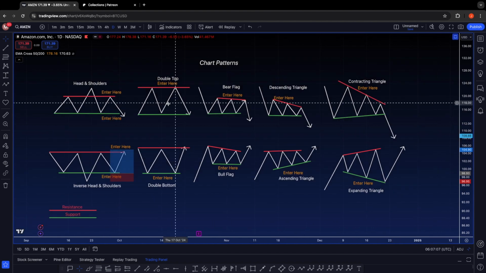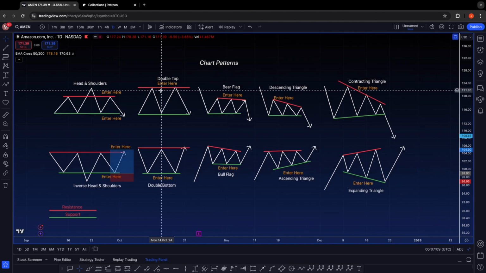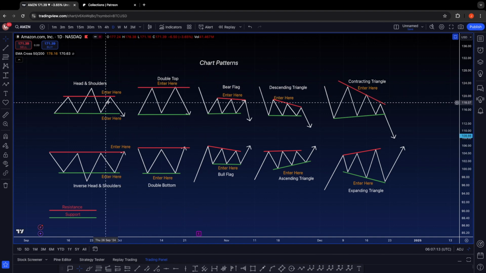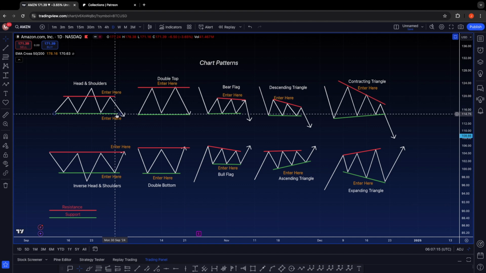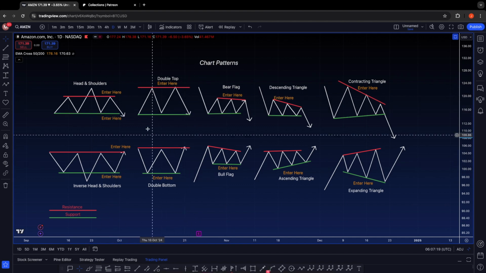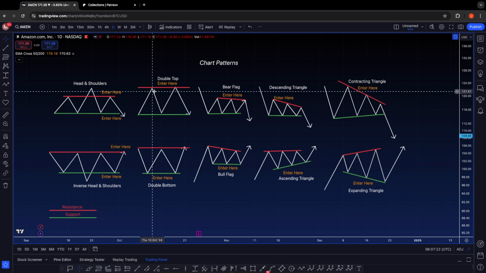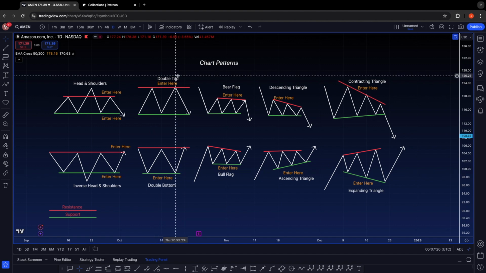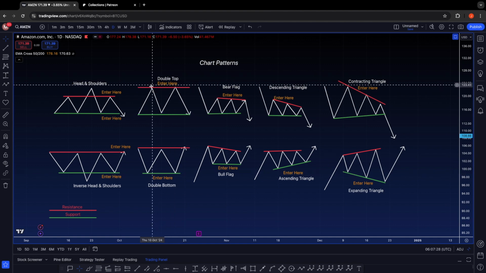When we look at the double top, one thing that I want you guys to really pay attention to, remember when we brought up the risk that came with trading at the neckline here? There's also a risk trading at the double top or double bottom's neckline. This is a pattern where price creates an equal high or an equal low, meaning we are using that previous low or high as resistance or support.